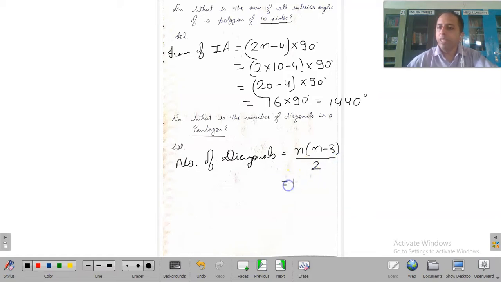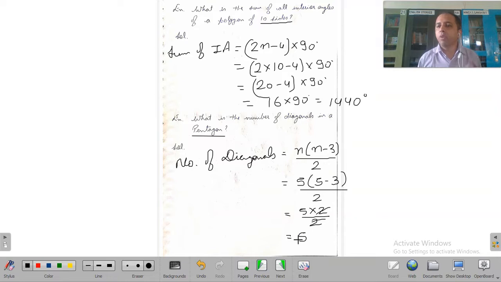So how much will it be in a pentagon? How many sides do we have? We have 5 sides in a pentagon. So it will be 5 multiplied by 5 minus 3 divided by 2. So it is 5 multiplied by 2 upon 2. The 2 will cancel out with the 2 and the answer is 5. So how many diagonals do we have in a pentagon? We have 5 diagonals in a pentagon.